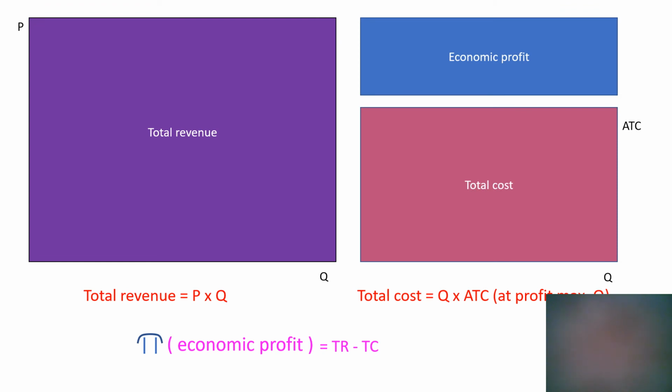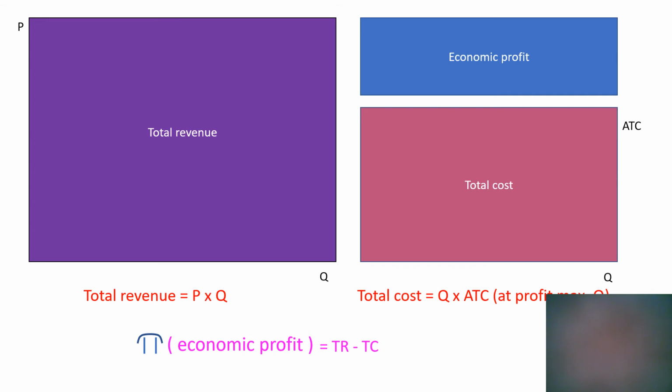We want to compute the economic profit for a firm. We do this by taking total revenue, which is price times quantity. That gives us a large rectangle. From that rectangle, we want to subtract total cost. Total cost is equal to the quantity at the profit maximizing output times average total cost at the profit maximizing output.